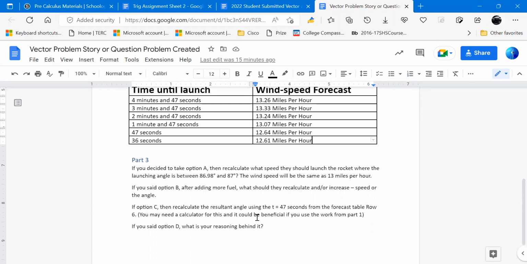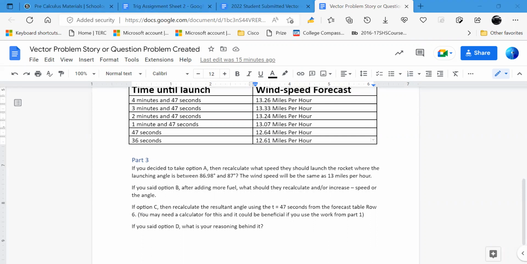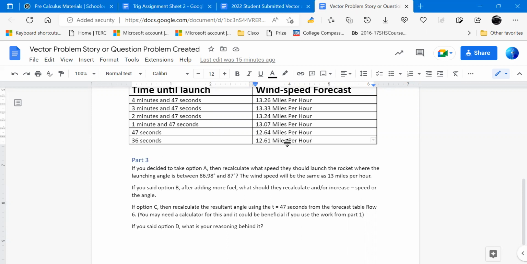Because if we do that, it's still going to give us somewhere around 86.9730-something. So for that reason, I say it's better to postpone the launch until it's way less than 12.61 miles per hour. So that's how it works. Hope this helps. Boom.